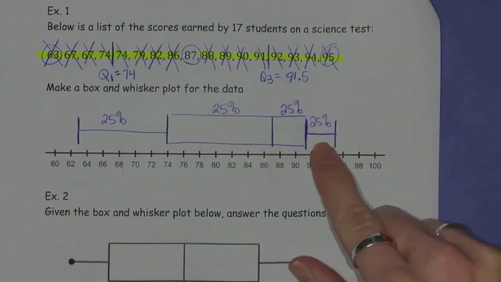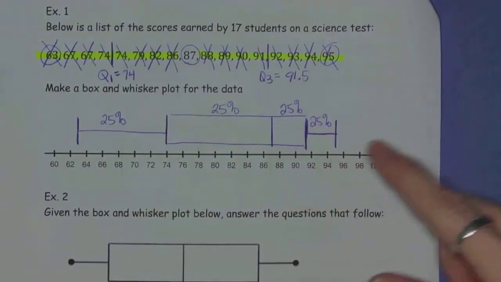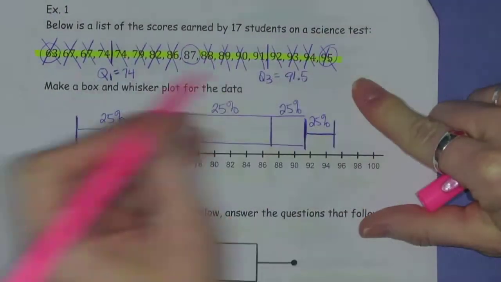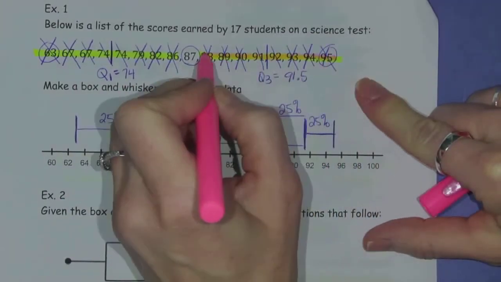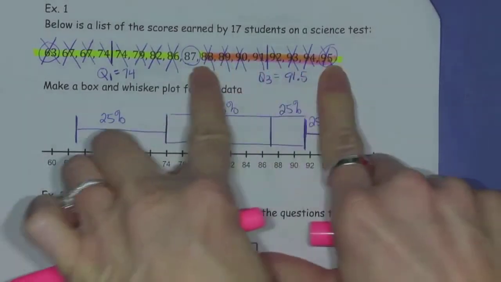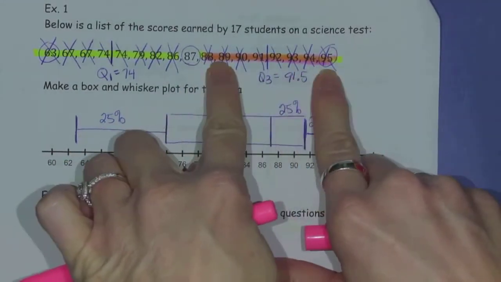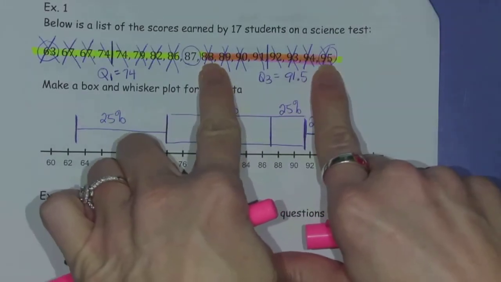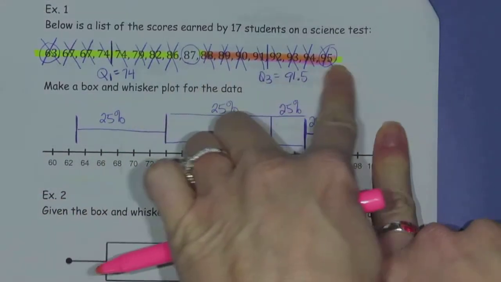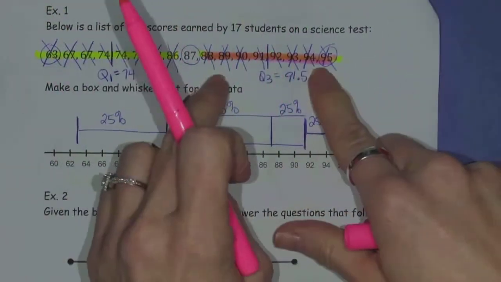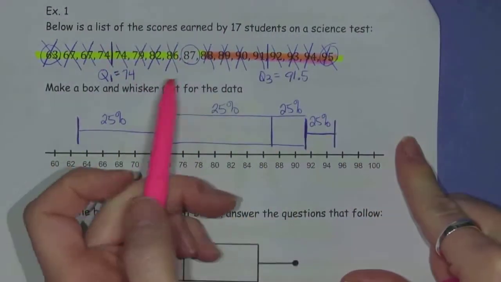If you look at the top half of your data, I'm going to go over this in pink because I've written on this so many times. A lot of scores right here are concentrated in the high 80s to the mid 90s. So you have a lot of scores in a small amount of space, or there's not a wide range here.